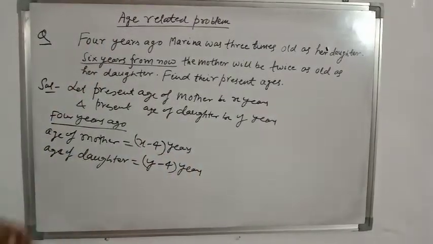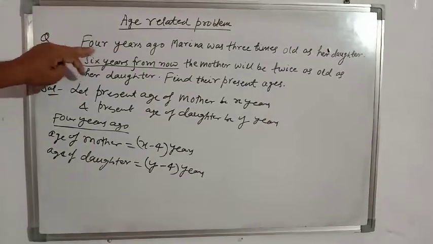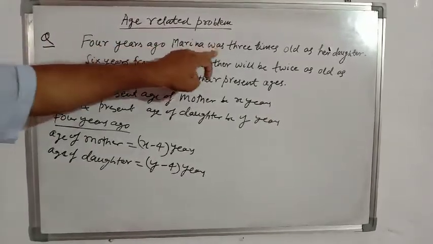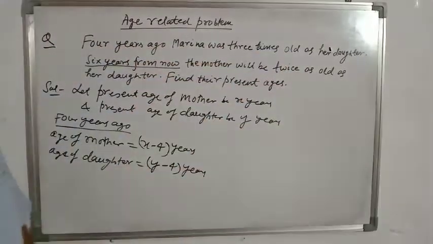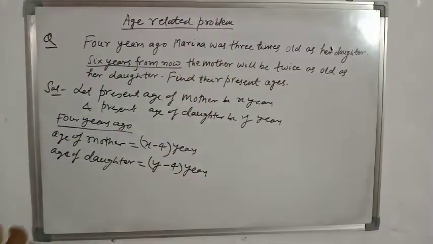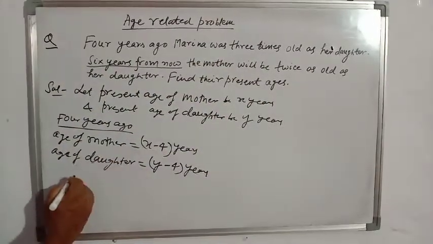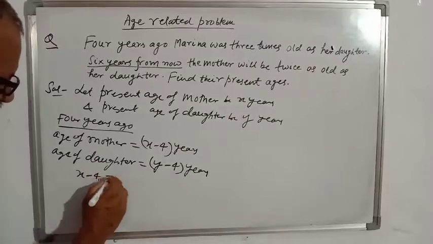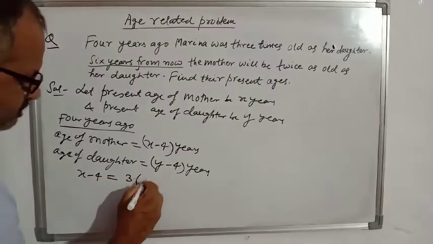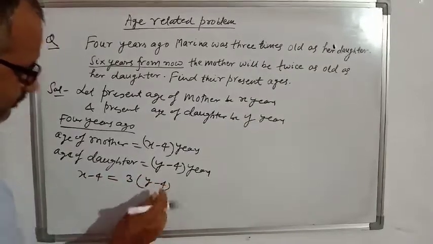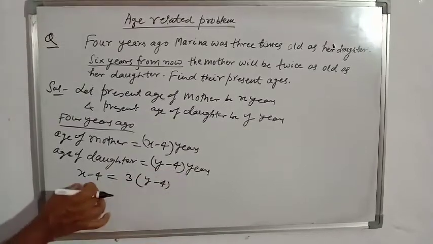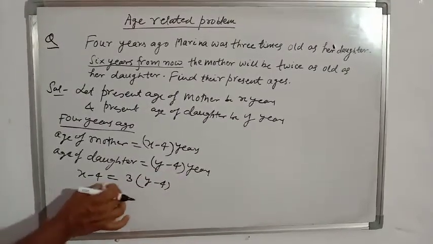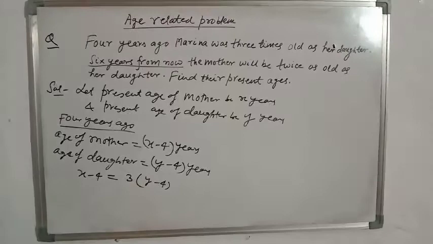Now we will see the statement: 4 years ago Marina was 3 times as old as her daughter. So Marina, the mother, x minus 4, was 3 times the daughter's age. Y minus 4 is the daughter's age, x minus 4 is the mother's age. Mother was 3 times the daughter's age.